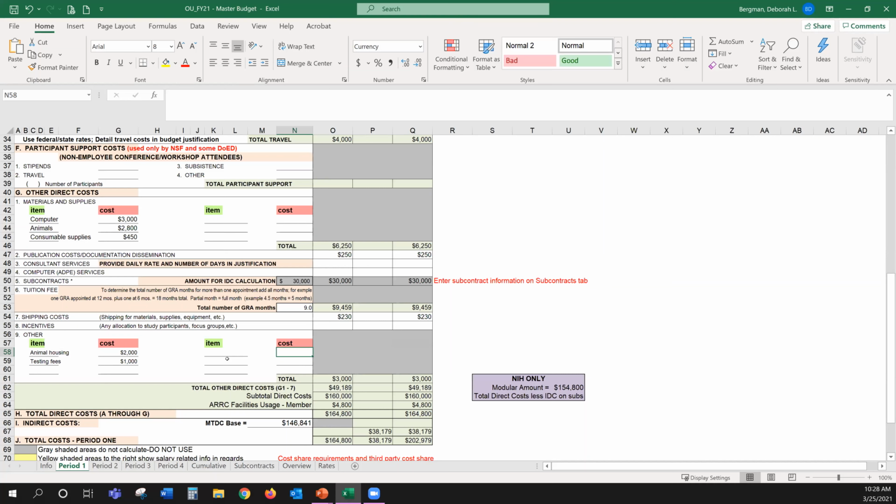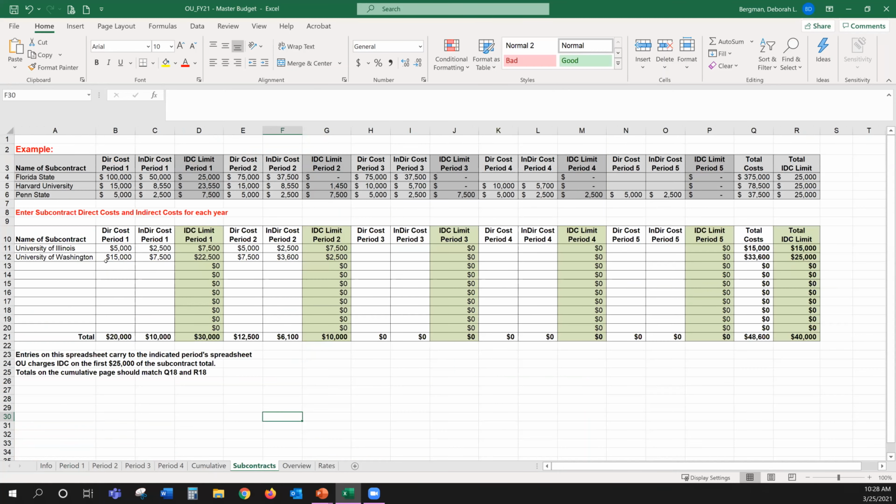For subcontracts, is the IDC $25,000 per year or for the entire duration of the project? It is $25,000 for the duration. So if someone had a $20,000 budget with 10,000 IDC, and they had the same in year 2, then we collect IDC on that 25,000 in year 1, but in year 2, it's not going to collect IDC on anything.